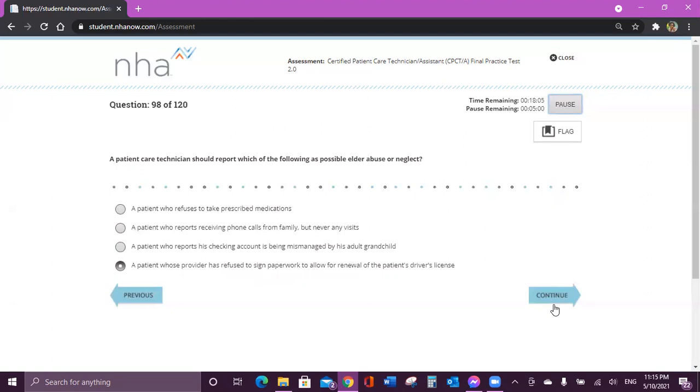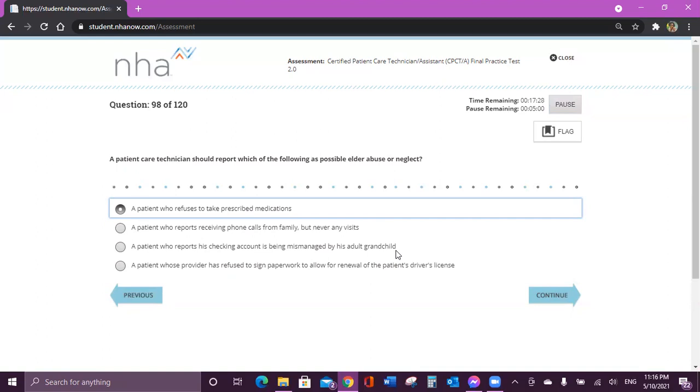A patient who reports receiving phone calls from family but never any visits, no. A patient who reports his checking account is being managed by his daughter, no. A patient who has refused to sign paperwork to allow for renewal of the patient's driver license, no. So the patient who refuses to take prescription medication, ¿verdad? Dice que abuse or neglect.